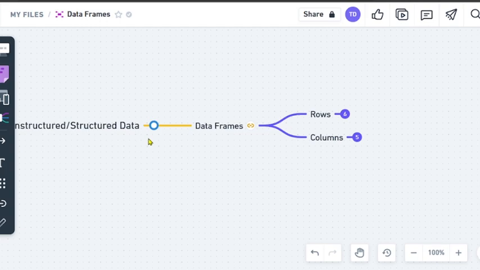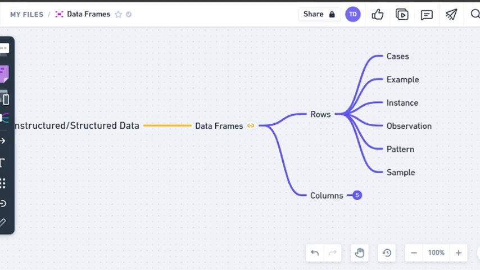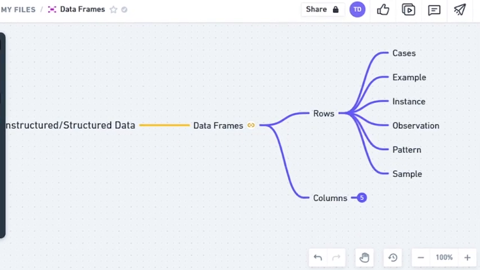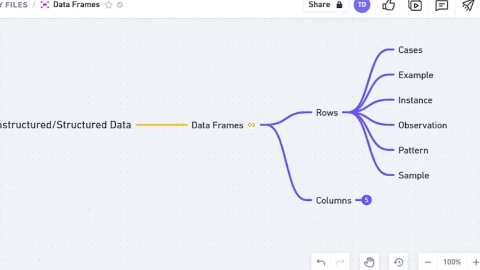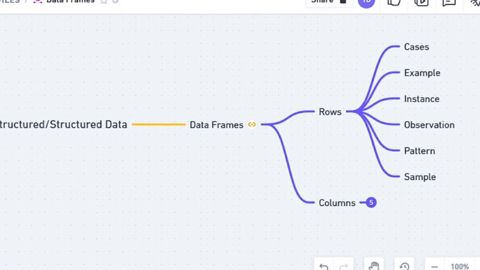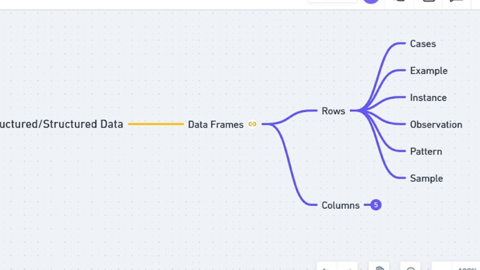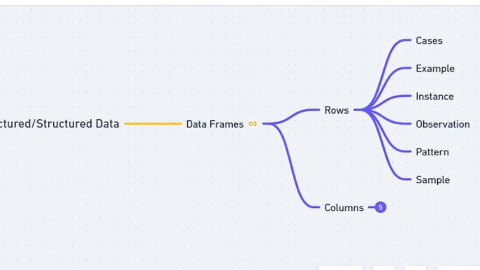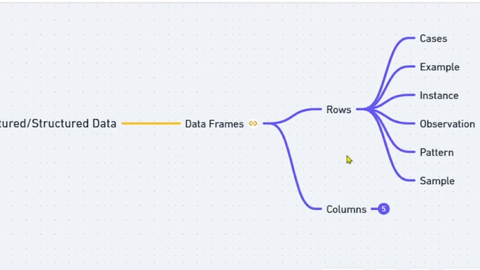When we talk about data frames, another thing you should understand is that a data frame comprises one row for each record and one column for each variable. So we can see that a row in a data frame holds cases, which are also called examples, instances, observations, patterns, and samples.